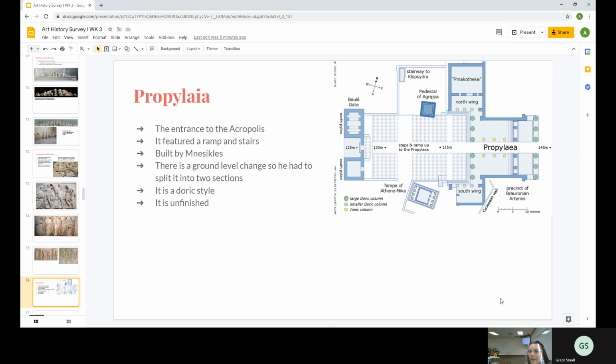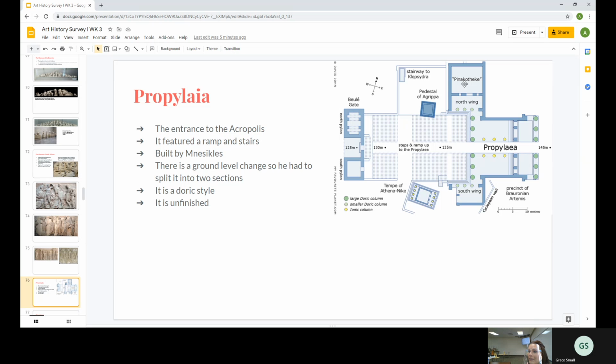There's a lot going on in the Propylaea than just a passageway, though. By the way, it is Doric style from when it was made. It was built by the architect Mnesicles, in case you want to know who made it. It is not finished. It was supposed to be even on each side, as you can see here, though.